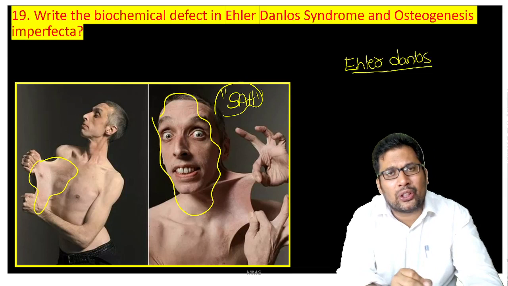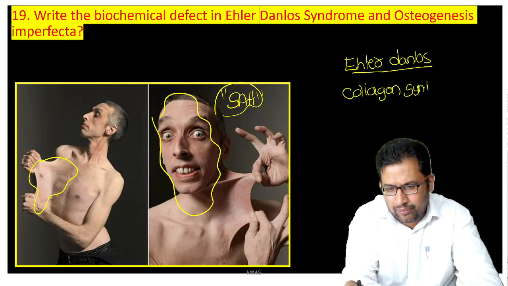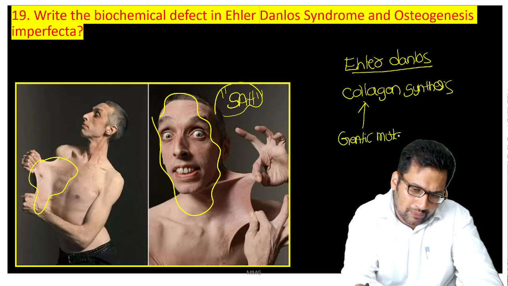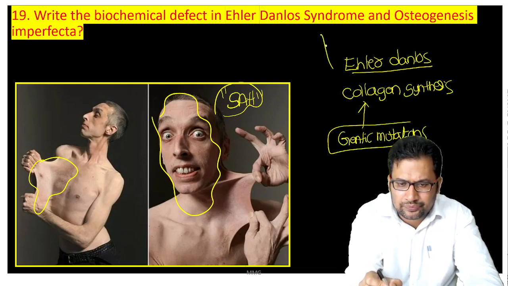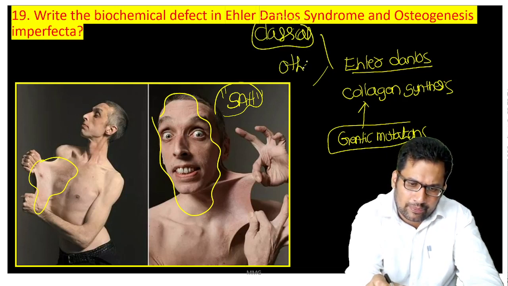In Ehlers-Danlos syndrome, there is a problem in collagen synthesis due to genetic mutations. So many types are there, the classical type and other types.